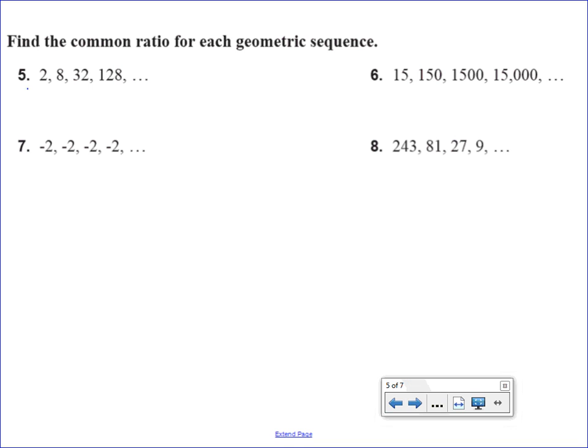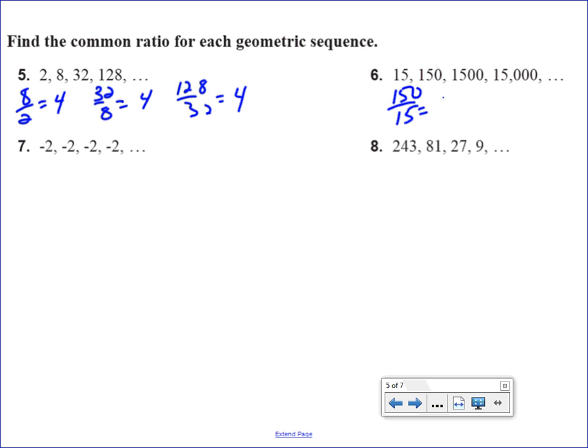So to find that ratio, second term divided by the first one, or the third one divided by the second one, or the fourth one divided by the third one, and we'd still get that common ratio of 4. So our common ratio is 4. So for this one, if we know that it is geometric to start with, all you have to do is take one of them.